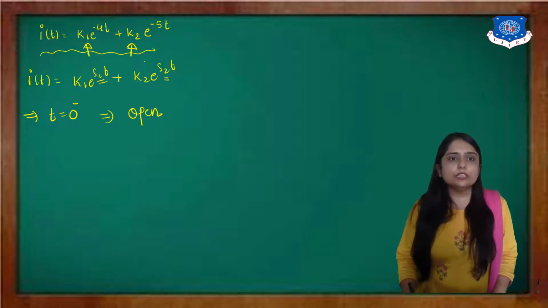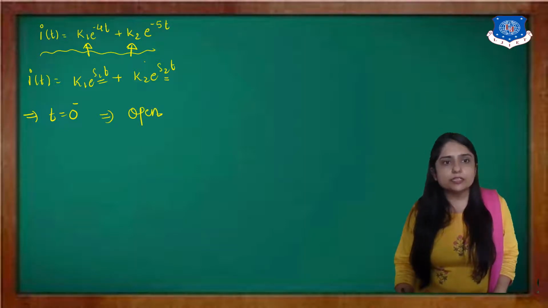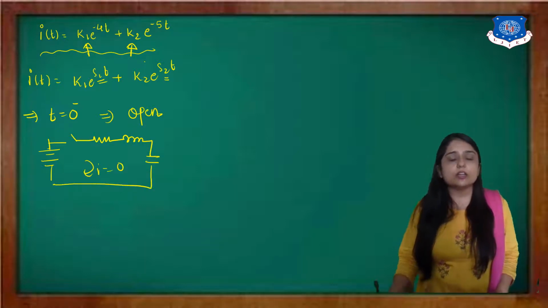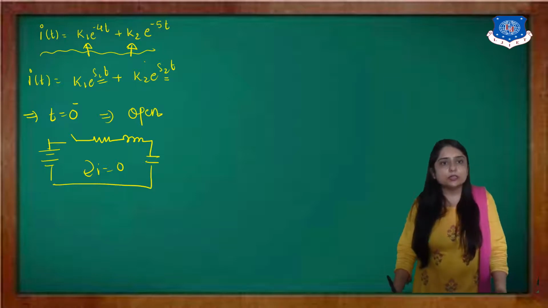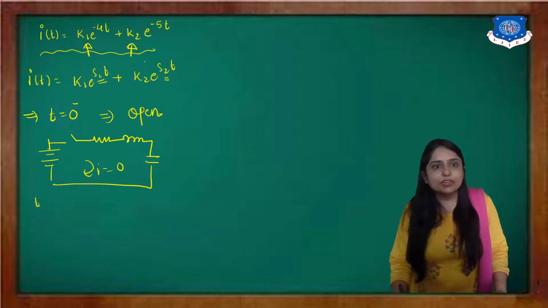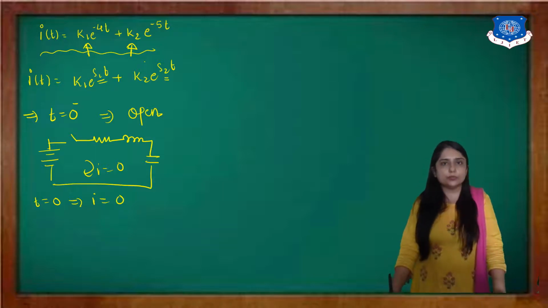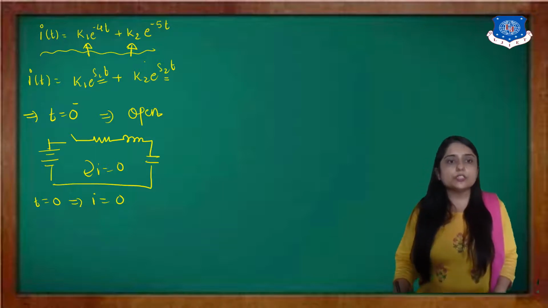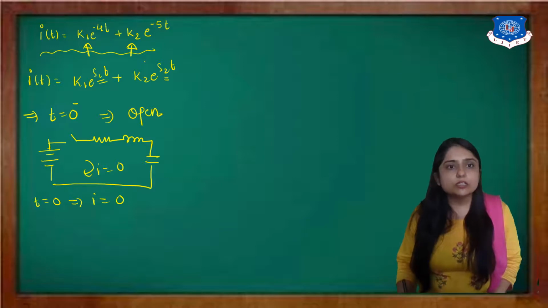And we know that if the switch is open in this series RLC circuit, there is no current. The current value is 0 because my switch is open. So when t equals 0, the current I will be 0. You can substitute this value in this equation.